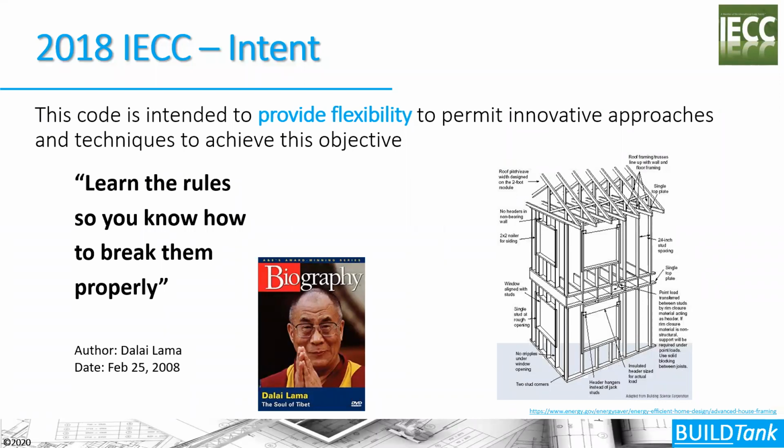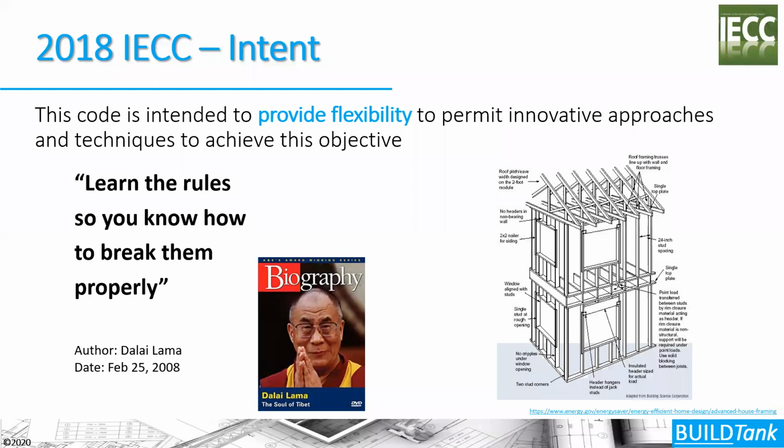And really, what it's basically saying is that if we don't like what the code is telling us to do prescriptively, then we need to move to a different pathway of compliance so that we gain and learn the flexibility that is built into the code and that we can do the things that we want to do and achieve the houses that will be code compliant, be efficient, be comfortable, be durable for the occupants of that house.